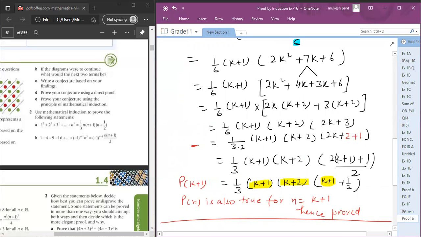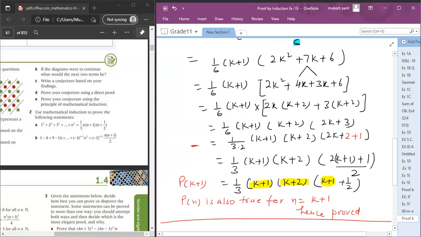Now I'm separating this one: 1 over 3, k plus 1, k plus 2. I'm separating this as 2k plus 1 over 2 plus 1 over 2. And when I write 2k plus 1 over 2, 2 and 2 cancel each other. So k plus 1 is left here.